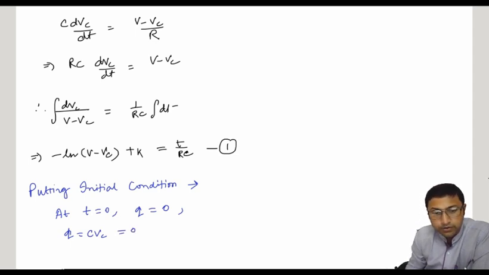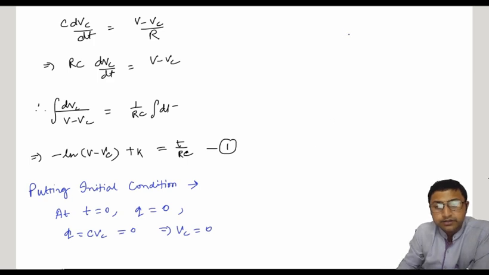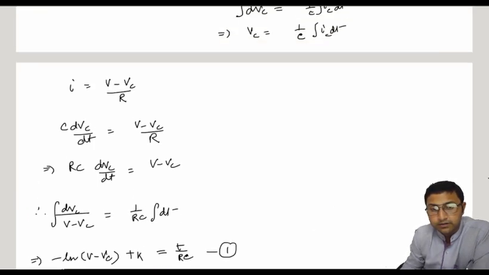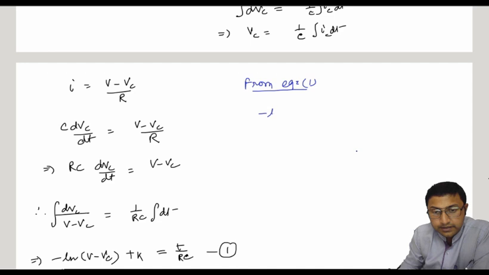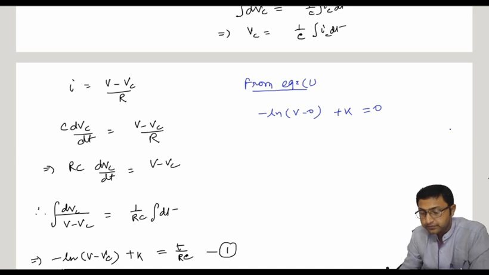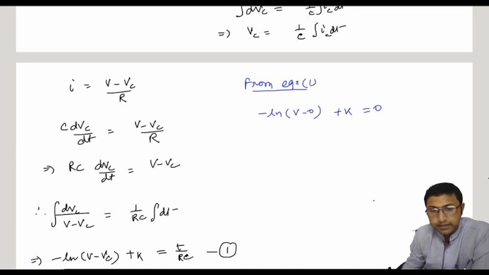Actually the vc equal to 0, right? So that means from equation number 1, we can write minus ln v minus 0 plus k equal to 0. Okay, that means k equal to ln v. So this is basically the initial condition.